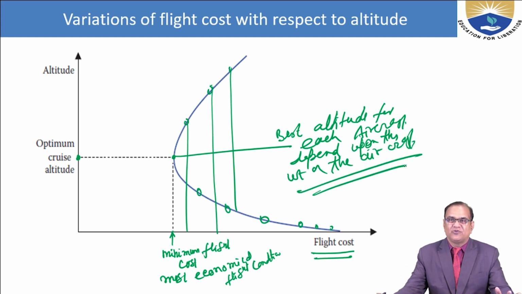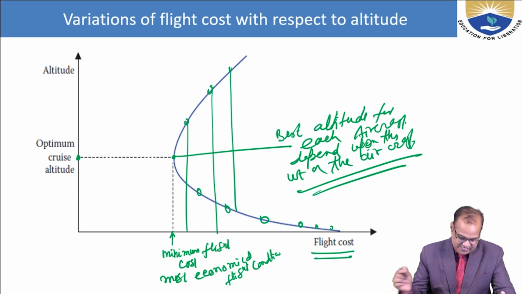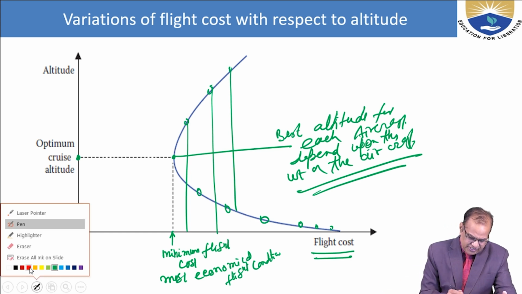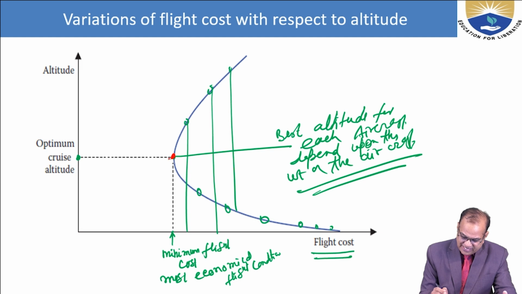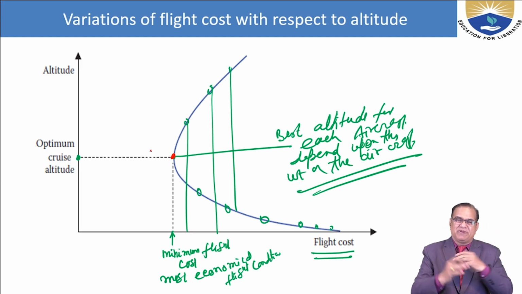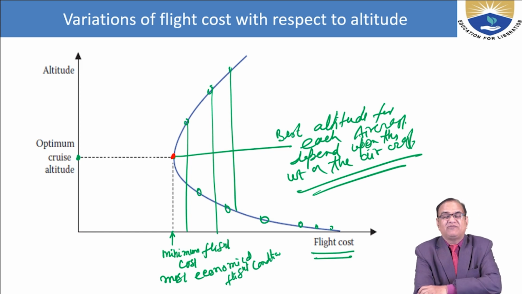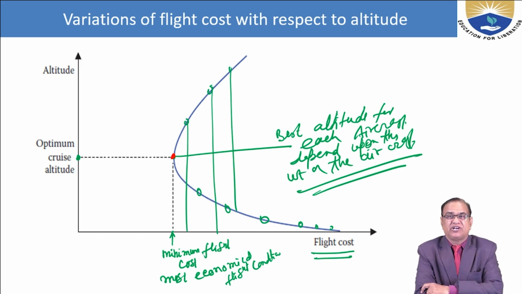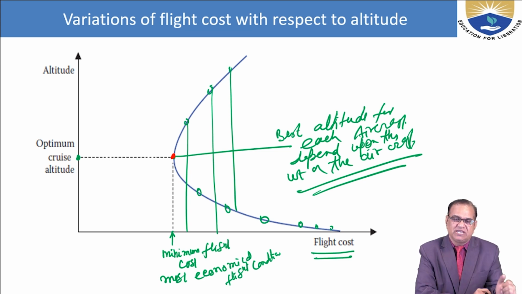This we have to take care of, and we have to choose this point accordingly. And every pilot, when you go on any passenger aircraft, will announce that we are at 33,000 feet, 34,000 feet, 35,000 feet. Why is he announcing?